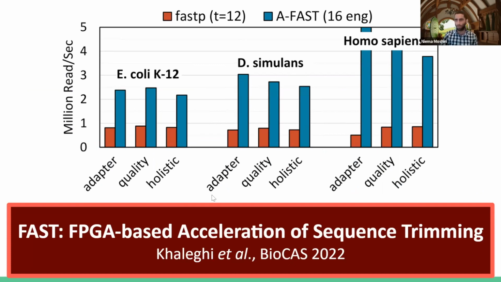Here I'm showing the key figure from an FPGA-based accelerated sequence trimming tool. Trimming is typically the first step of any sequence analysis, and this FPGA-based tool we've developed has orders of magnitude higher throughput than existing trimming methods. fastp is typically considered one of the more efficient CPU-based read trimmers, and we have orders of magnitude faster trimming compared to that gold standard.